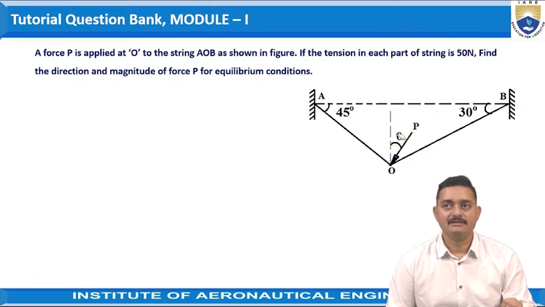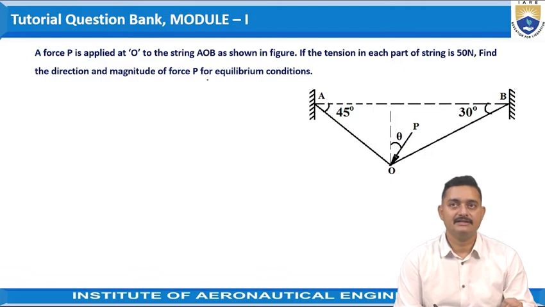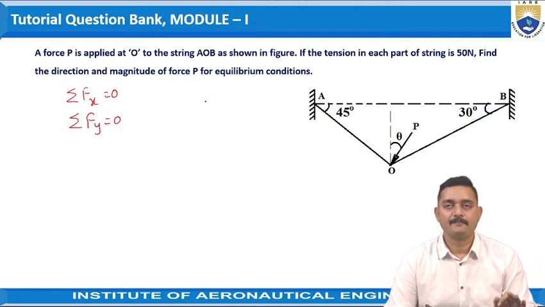For doing this, the clue given is that we need to consider the equilibrium conditions. We know that the sum of all the horizontal components is equal to 0 and the sum of all the vertical components is equal to 0. This is the equilibrium condition for any system.